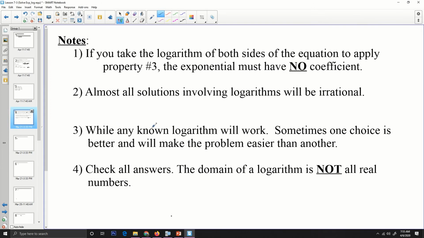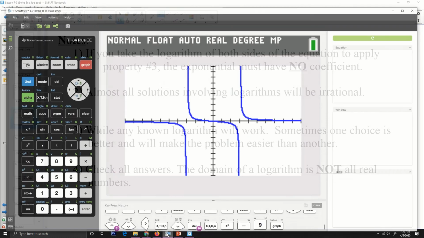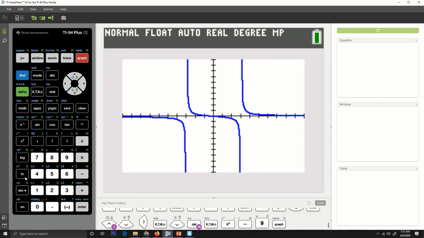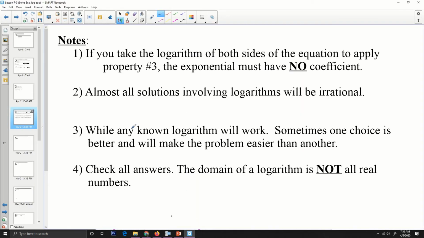And then number 3, while any known logarithm, and remember, when I say a known logarithm, I am talking about log or ln on your graphing calculator, sometimes one choice is better and we make the problem easier. And the big one for that is when you see e in the equation, you definitely want to use ln as part of your solution because that's going to make it easier.